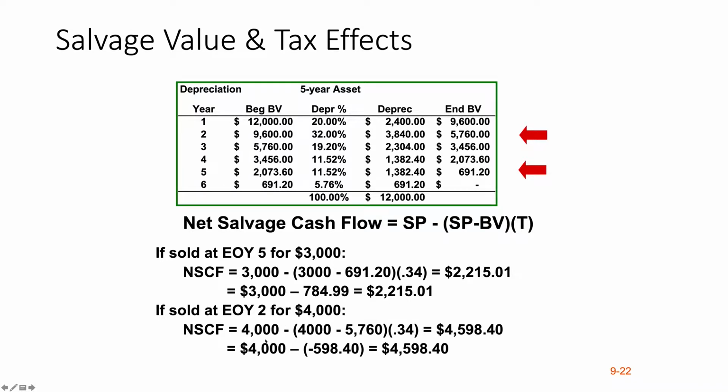So what is the after-tax effect of that salvage value? If the market value is $4,000, you subtract whatever the tax effect is. The market value at the end of year 2 is $4,000, but on the books you still have a book value of $5,760.